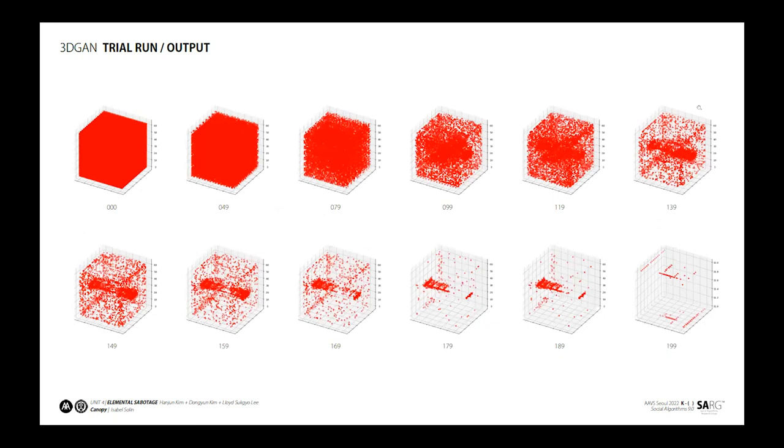And funnily enough, even with that small amount of inputs and the small amount of voxelization that I was able to get, you can actually see the process starting to work after running for 200 epochs. The short linear elements that were in the previous slide do start to appear out of 3D GAN. So early days, but I think this shows a lot of promise that novel morphologies will be able to be synthesized using 3D GAN. Thank you.